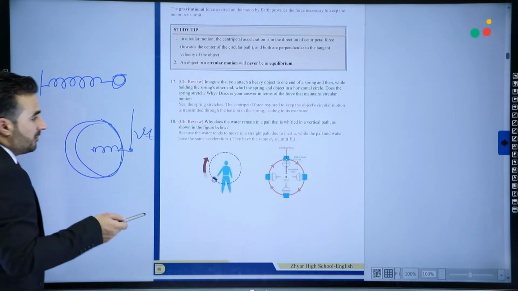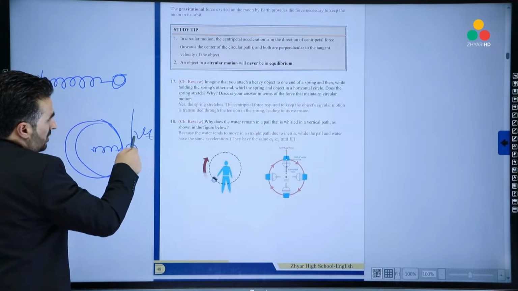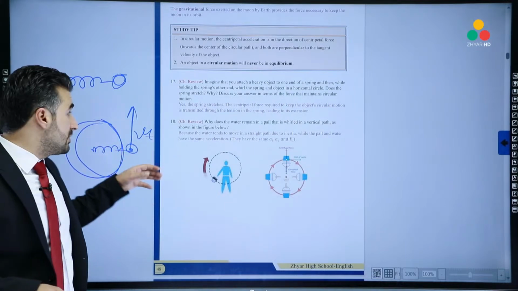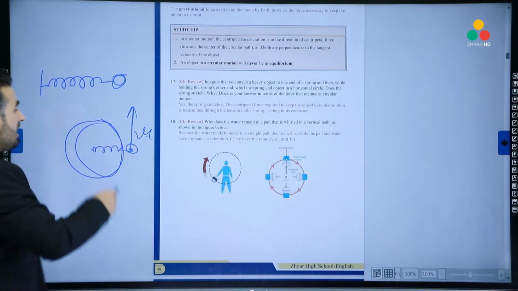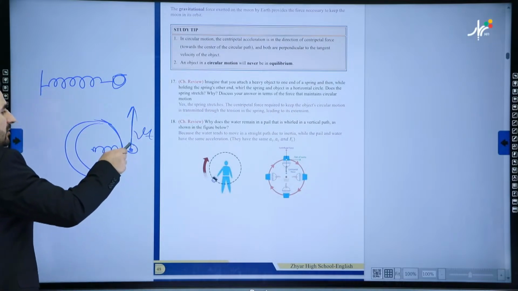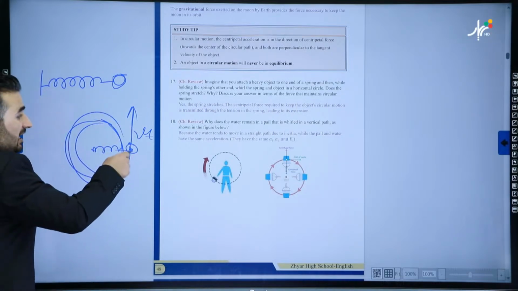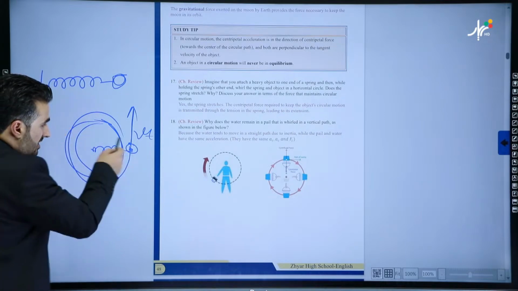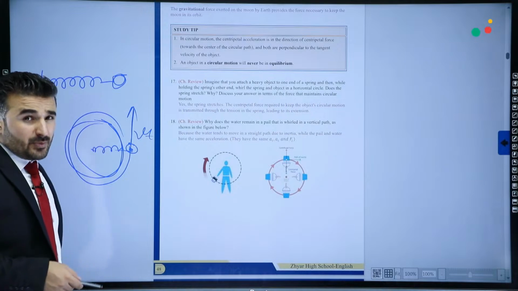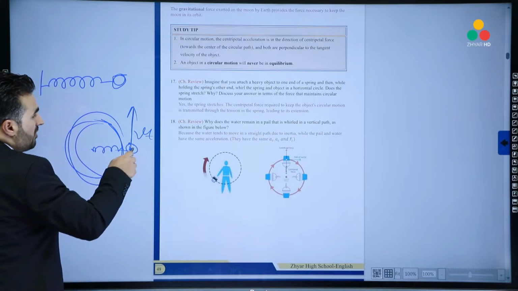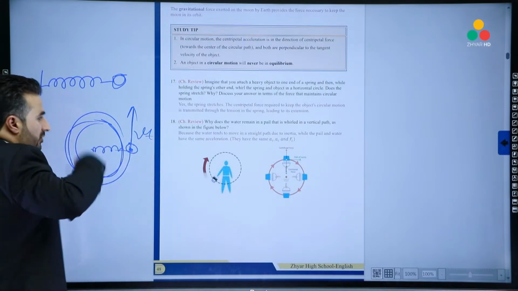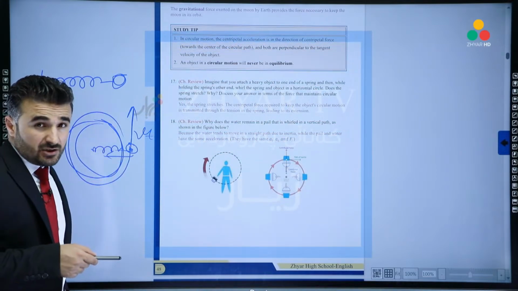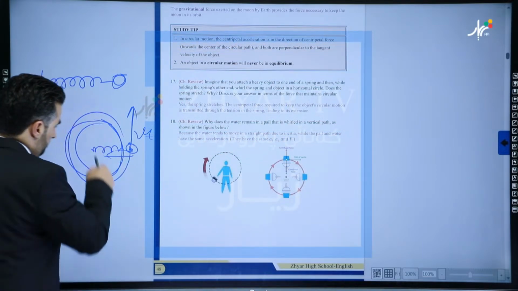The tangential speed will increase, of course. So a bigger tangential speed means a bigger tendency, or inertia, to keep the object moving in a straight line. But because you're trying to move the object in a circular path, what pulls the object back towards the center? That is the spring. Once you're moving it fast in a circle, you need a bigger force to bring the object towards the center.